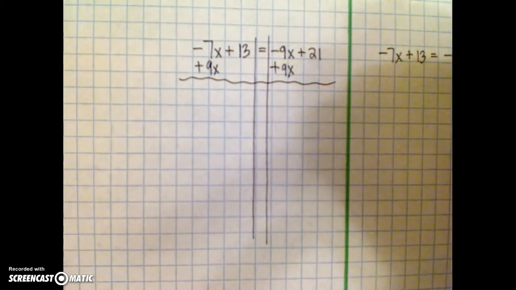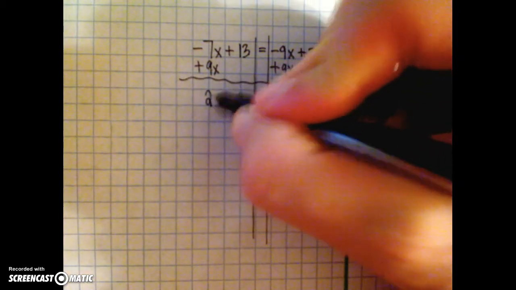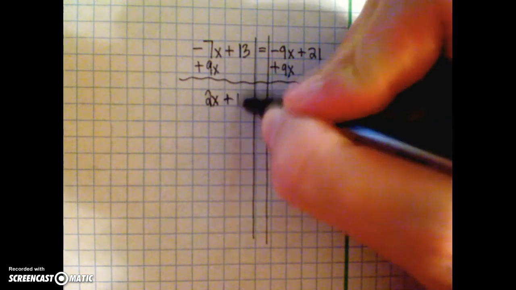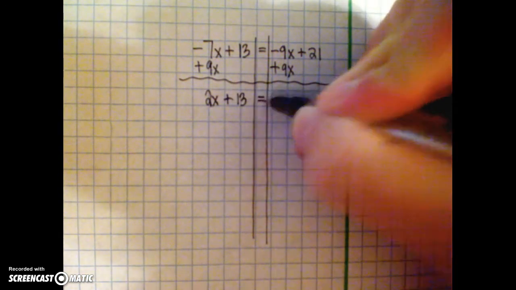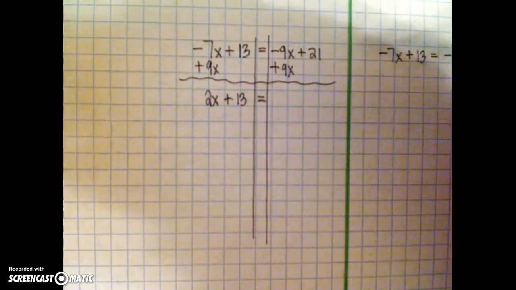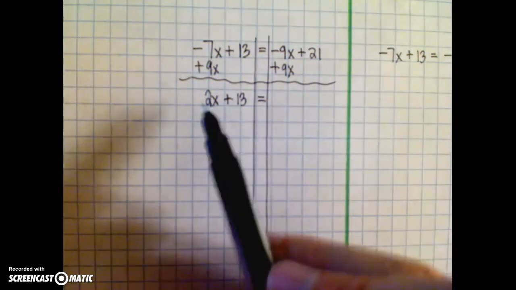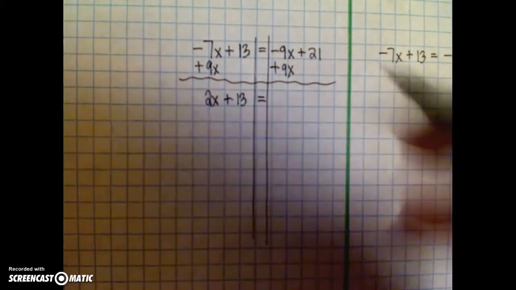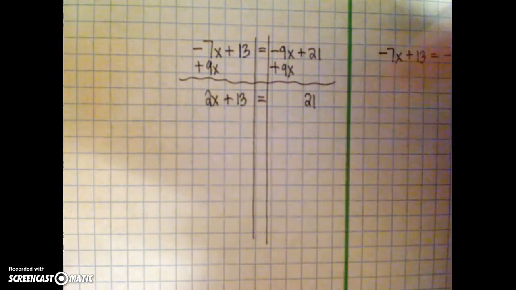So on the left-hand side, you would be 2x plus 13 equals, and on the right-hand side, negative 9x plus 9x is 0, which is awesome because we wanted all of our variables to be on the left-hand side anyways, equals 21.